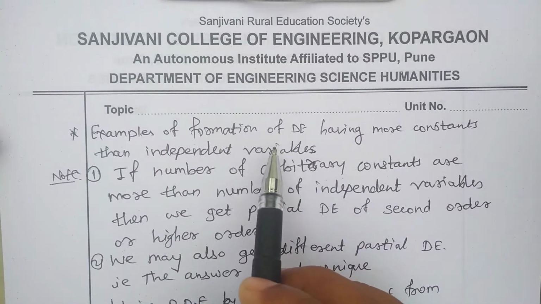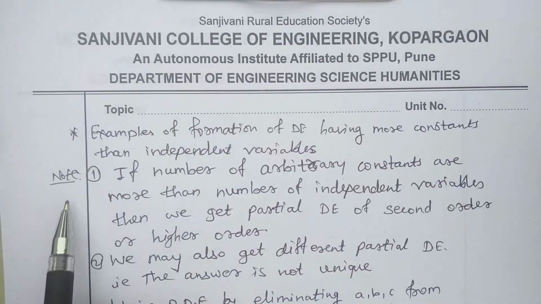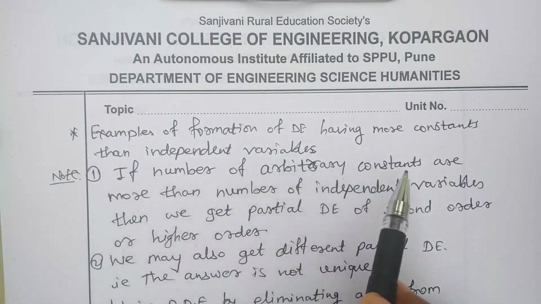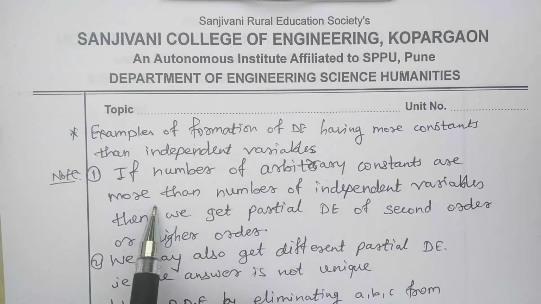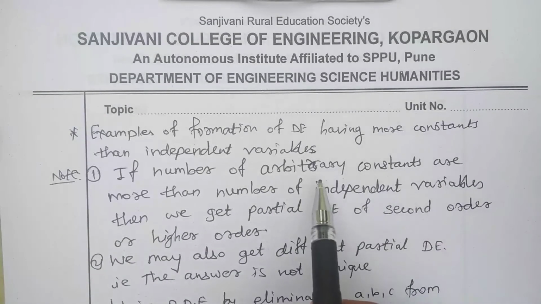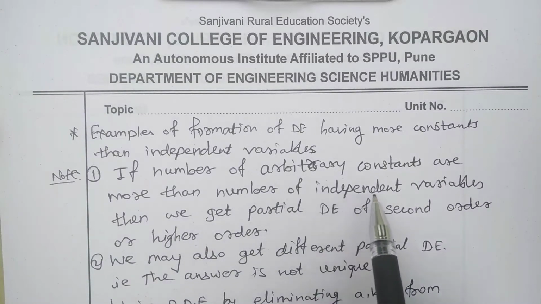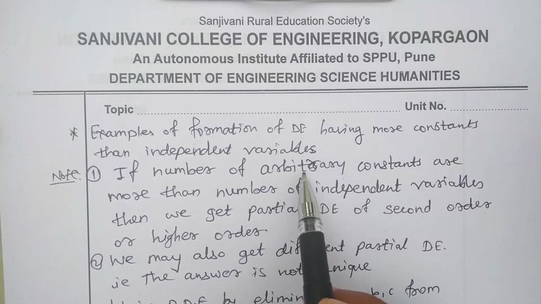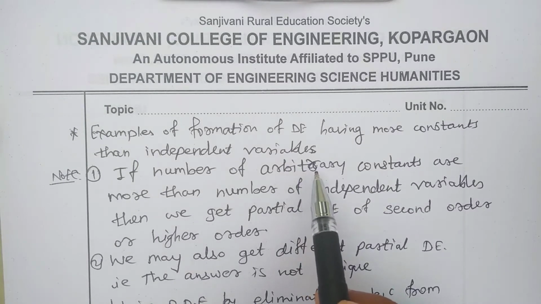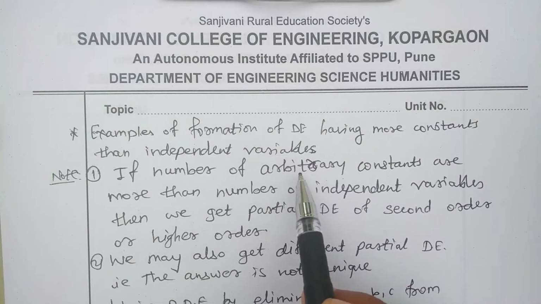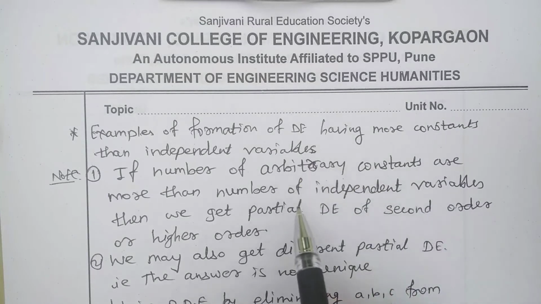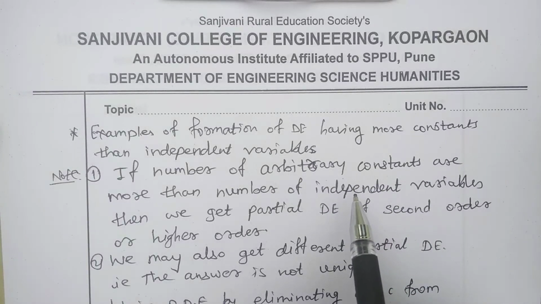So see what happens. First note: if the number of arbitrary constants is more than the number of independent variables, that means if there are two independent variables x and y and the number of arbitrary constants is 3, a, b, c or any three arbitrary constants, then the number of arbitrary constants is more than the number of independent variables.